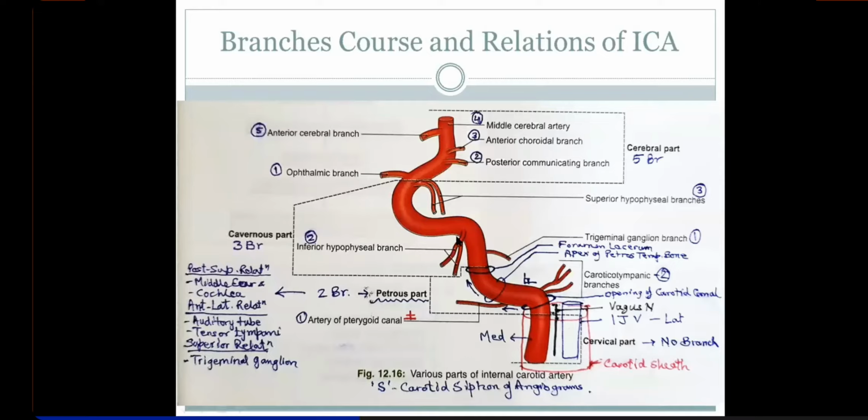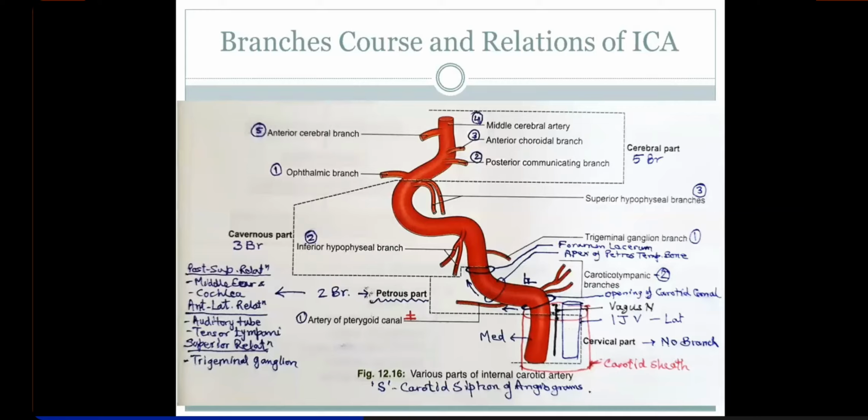Okay, so this is the cavernous portion, and when it reaches the anterior superior portion, the roof of the cavernous sinus anteriorly, it emerges from the diaphragma sellae, adjacent to that, from the roof of the cavernous sinus anteriorly.